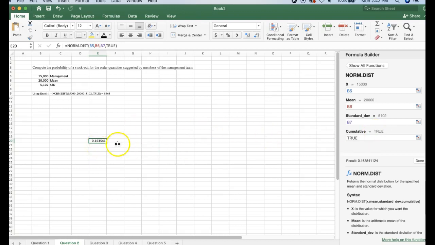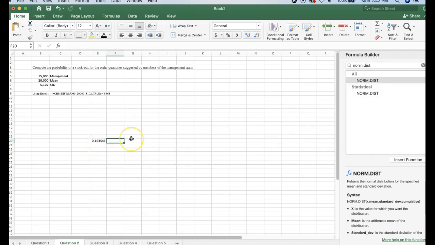Okay, that's not right. What we want to do is take 1 minus this number here, and we get .83. And that is what's going to represent that amount that we have. So what is the probability of a stock out order if we have 15,000?